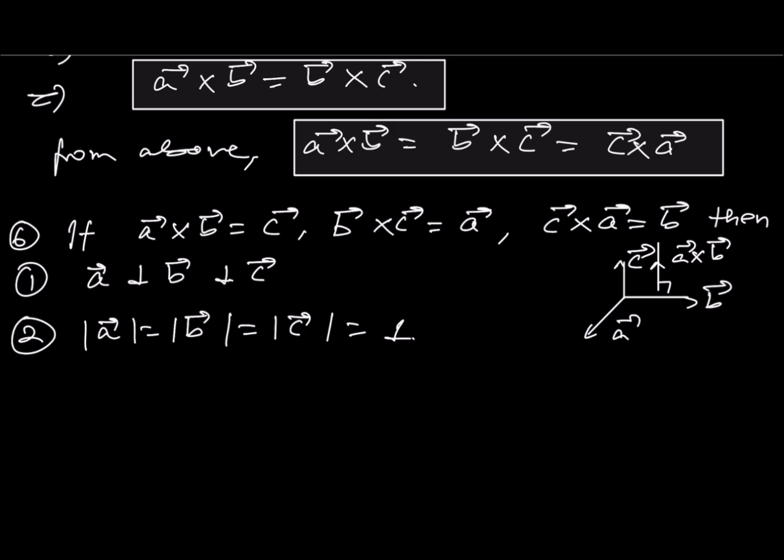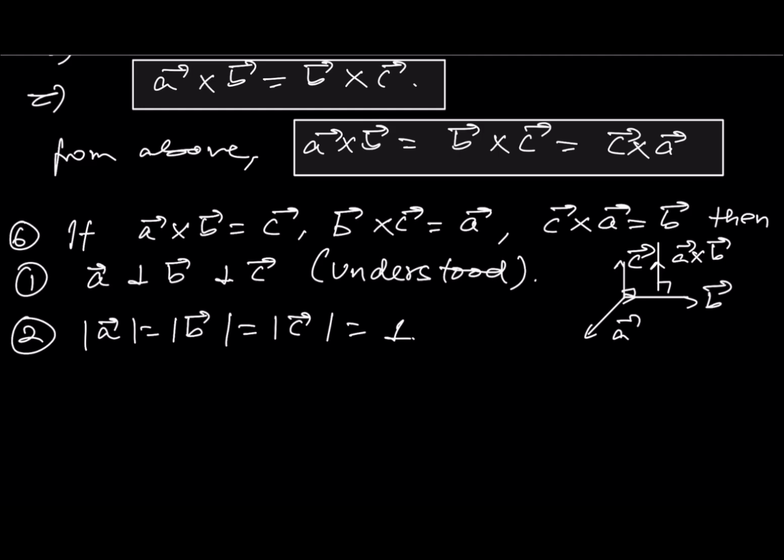And A cross B is equal to C means C vector is perpendicular to A vector and B vector, right? Similarly, B vector cross C vector is perpendicular to B vector and C vector, and it is also given that B cross C is A. So again, B vector is perpendicular to A vector and C vector is perpendicular to A vector. So it is understood. No need to give its proof.